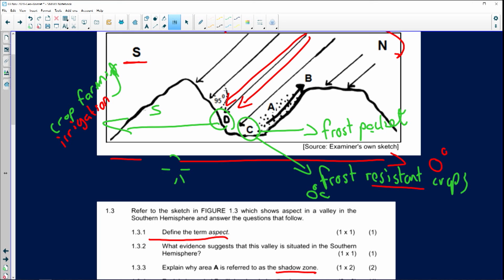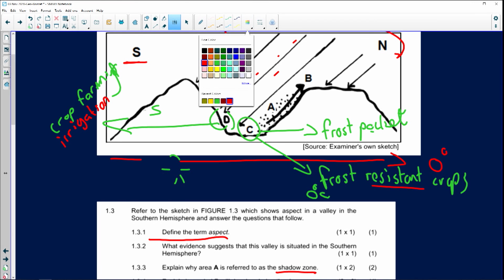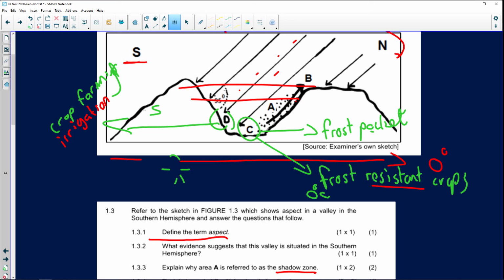Now, I just want to use the same diagram and base what I've drawn on the bottom. So let me just fill this in. So over here, what are we going to have here? We're going to have our thermal belt. Okay? So his farmstead, he's probably going to build his houses halfway up the slope. Okay, why not at the bottom? Because it's going to be too cold, right? Because of the katabatic breezes being experienced.